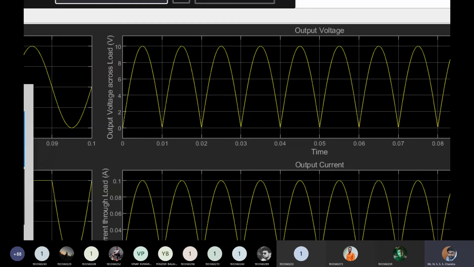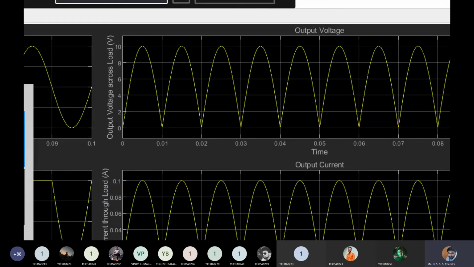But if you are considering the diode resistances, there will be small deviation, because in the earlier circuit, you are coming across 2 diodes for every half cycle in the bridge rectifier, whereas here you are coming across only 1 diode at one time. At one particular instant, either diode D1 will be on or diode D2 will be on.